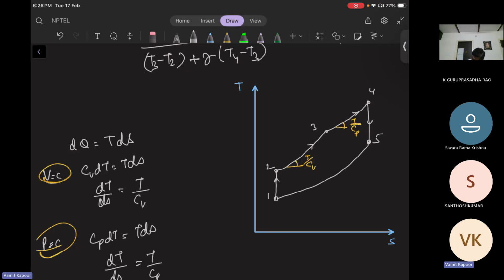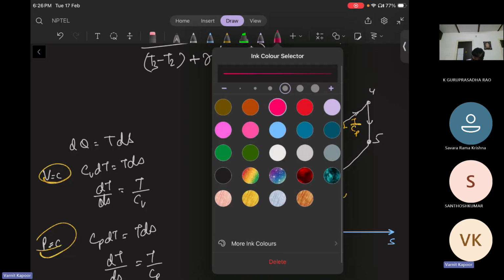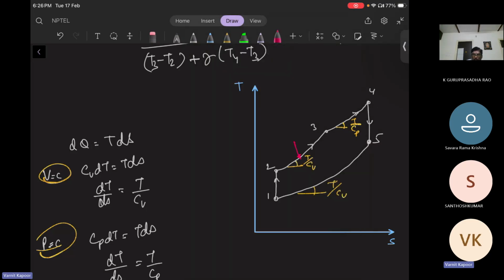So this will also be T by Cv. Slope will be T by Cv. So this process was heat addition at constant volume. This process was heat addition at constant pressure. And this process was heat rejection at constant volume.